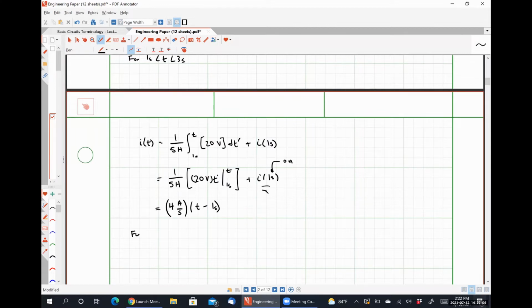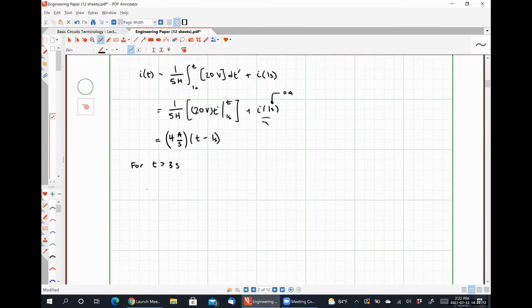Now we go for the interval t greater than 3 seconds. I of t will look like 1 over 5 henries times the integral from 3 seconds to t of 0 volts dt prime plus I at 3 seconds, where the I at 3 seconds comes from this bit right here.